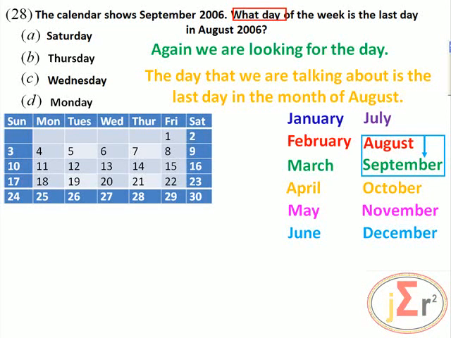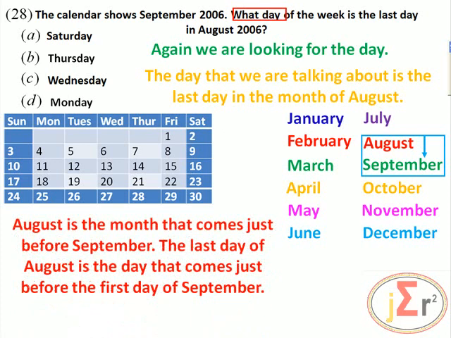We go from August to September. August is the month that comes just before September. The last day of August is the day that comes just before the first day of September, which is that day.